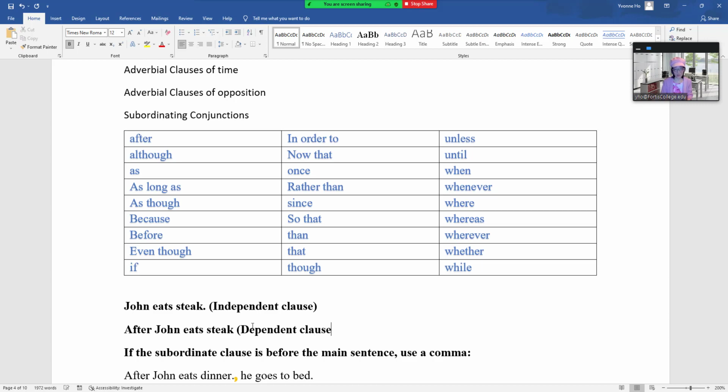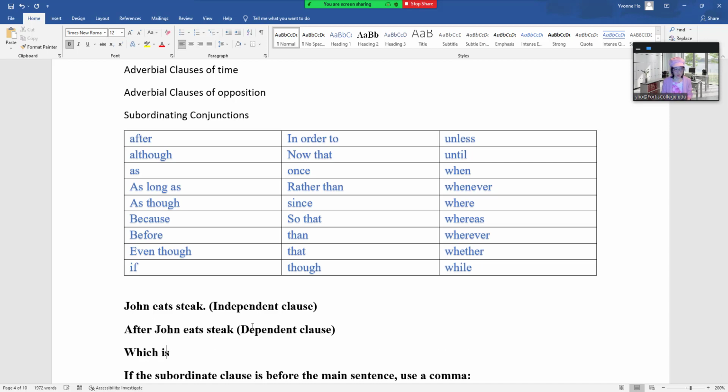So this is what I mean by if you use any of the subordinating conjunctions, you're turning your sentence into a dependent clause. So mistakes that I see on papers are "which is very good" as a sentence, or especially "at this time." Those are all sentence fragments because you're starting your sentence with, even though that's not on this list, but which is actually a relative clause.